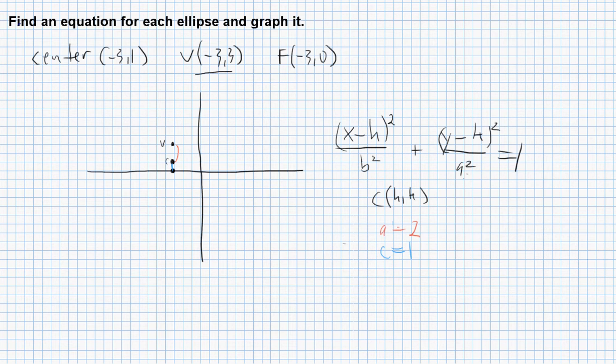We're going to say here that c squared is equal to a squared minus b squared, our basic ellipse formula. c squared will be 1 squared. That's equal to a squared, which is 2 squared, minus b squared.